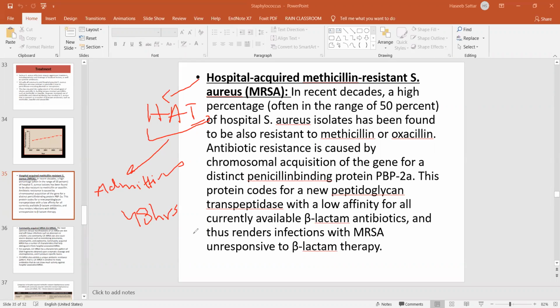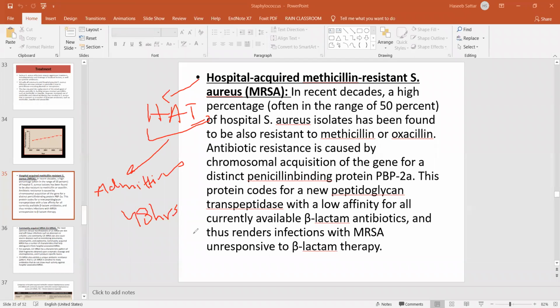The patient enters the hospital, and within 48 hours, if the patient develops some infection, that infection will be termed a hospital acquired infection. The same classification we apply for pneumonia: if a patient develops pneumonia within 48 hours after admission into the hospital, we call it hospital acquired pneumonia.